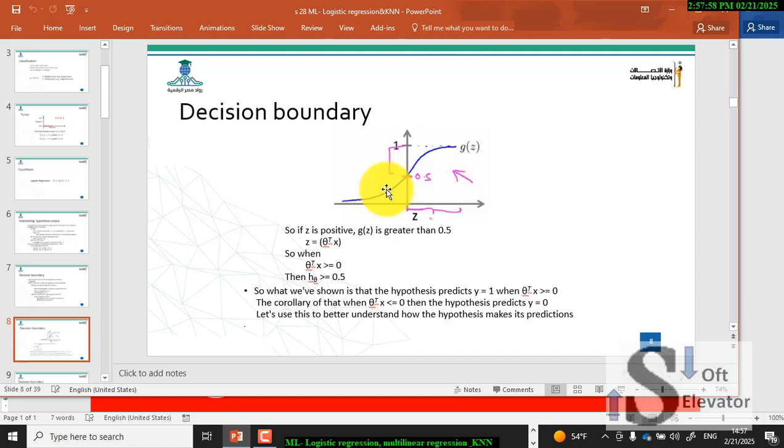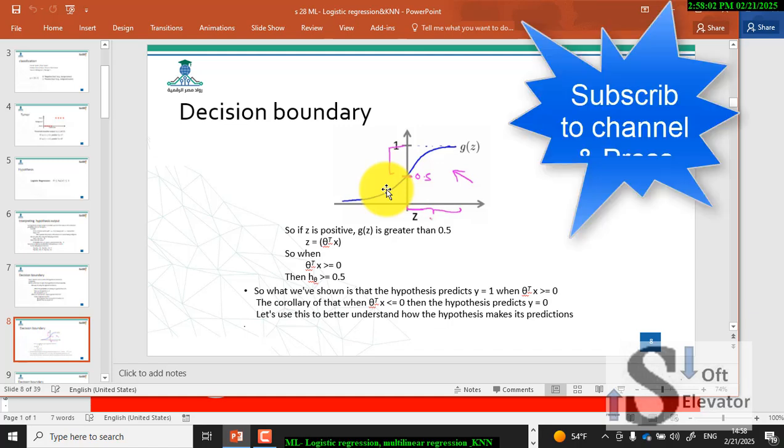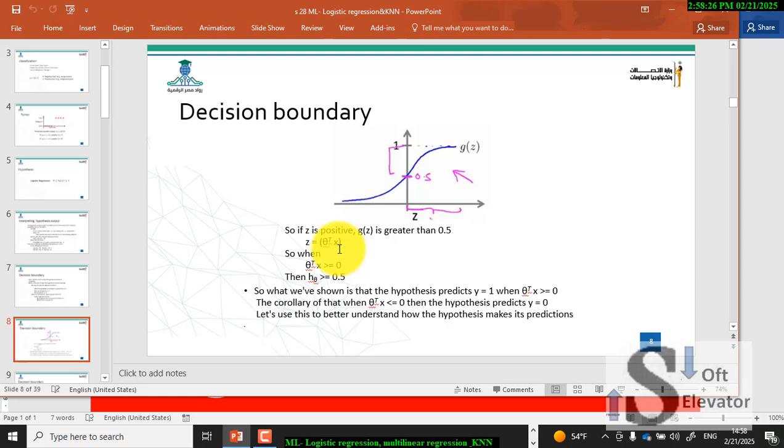If z is positive, so greater than 0.5, and z equals theta transpose times x, and this is multilinear regression. Theta transpose is a matrix, for multilinear regression.